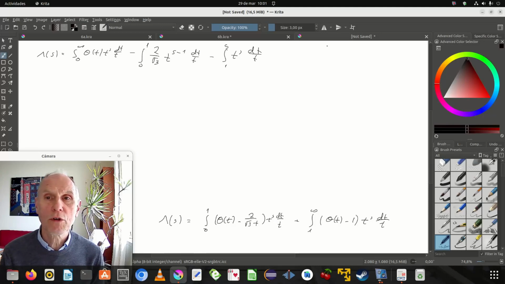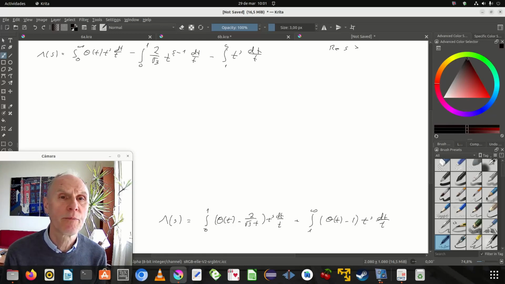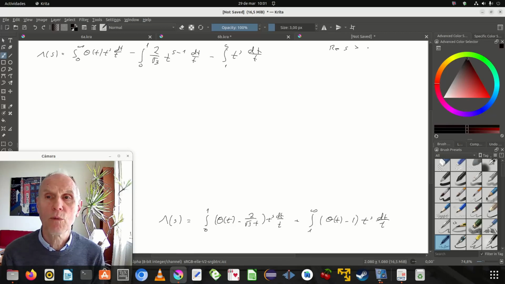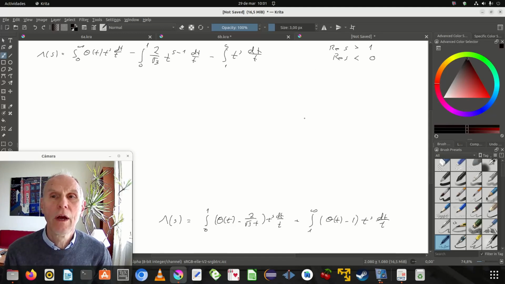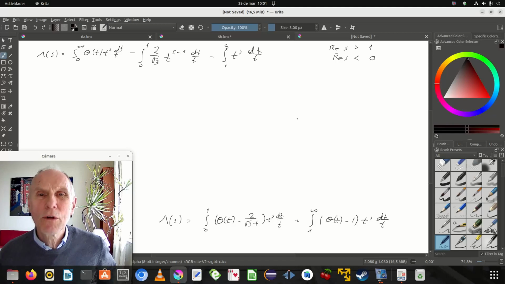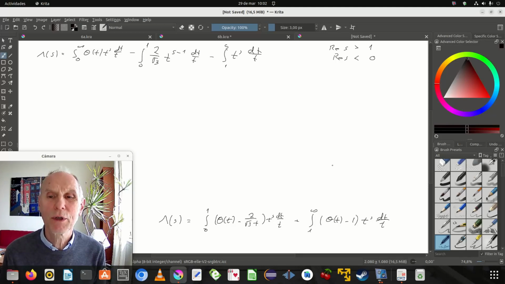So this one works when the real part of s is larger than, we need to go larger than 1. And this will work when the real part of s is negative. I had really hoped that there were some strip where we could do this.